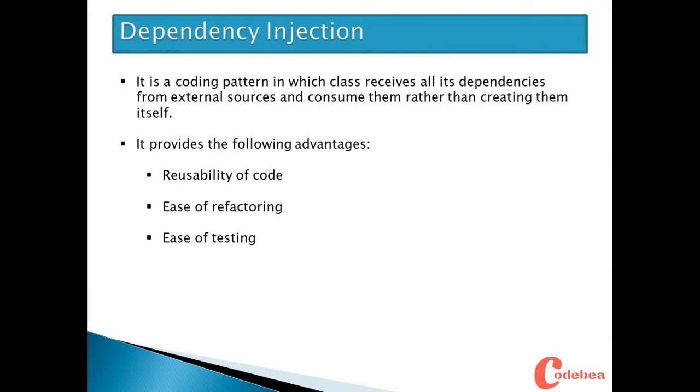They will receive the object from external sources, and their job is just to consume it rather than creating it. So what are the advantages of dependency injection? Reusability of code, it makes refactoring easier, and there is ease of testing. Let's understand this dependency injection with a simple example.